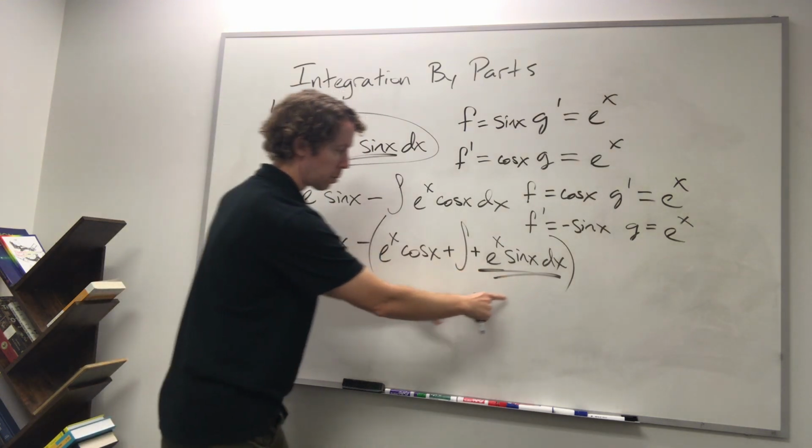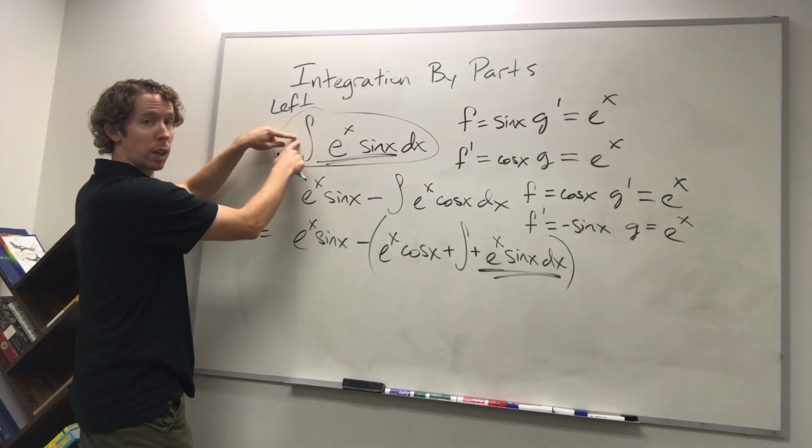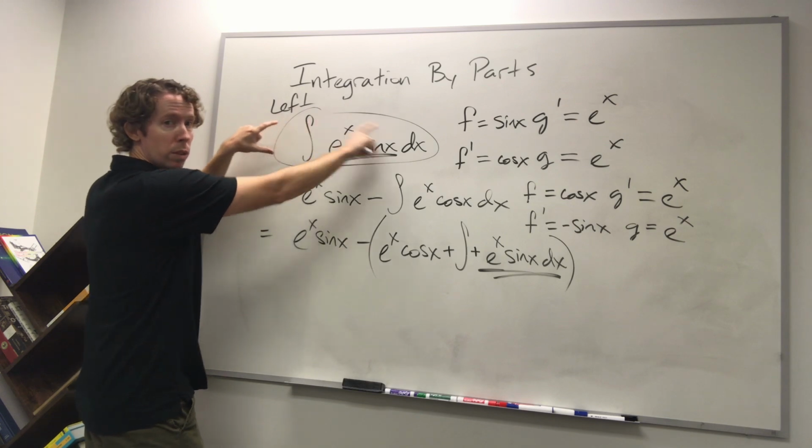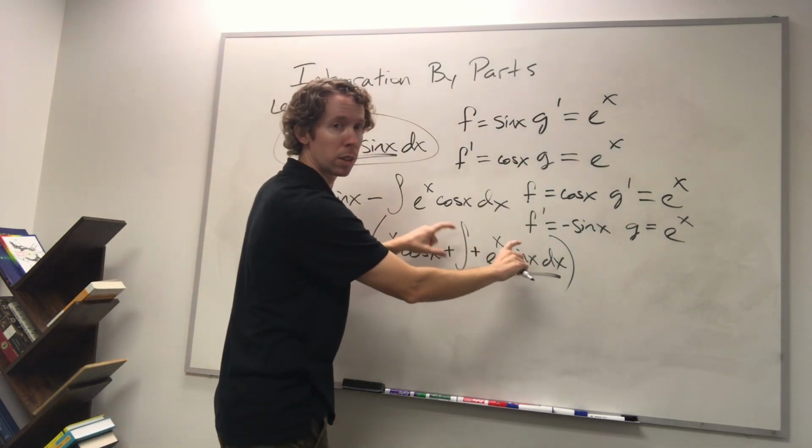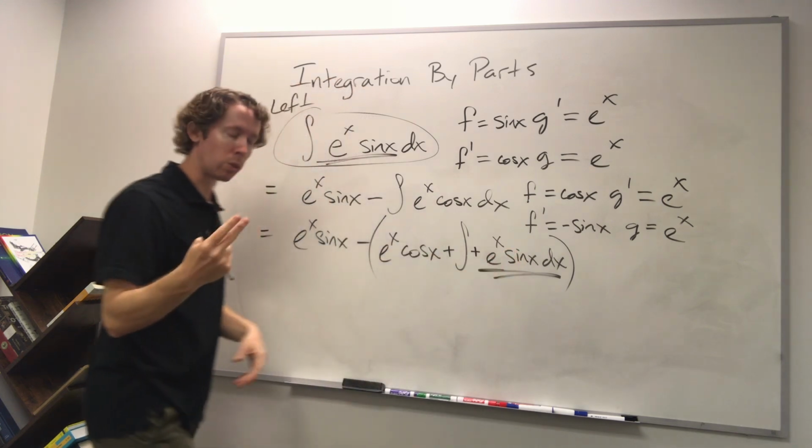When I add this to both sides of the equation, then on the left-hand side, I'm getting two of these. I have the integral of e to the x sine x plus the integral of e to the x sine x. That means I have two copies of that.